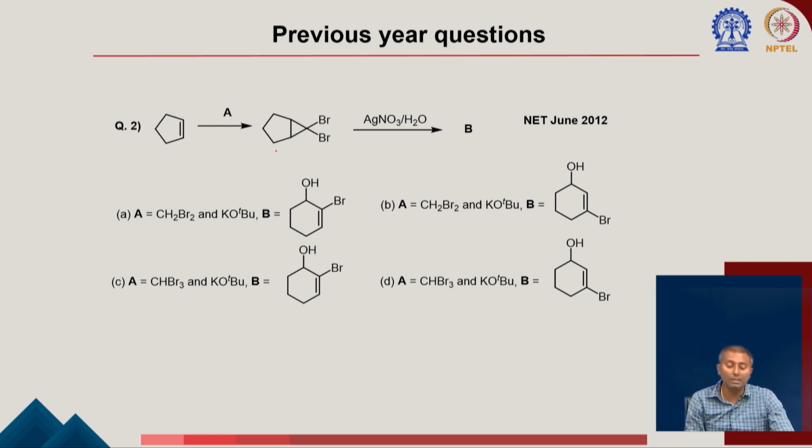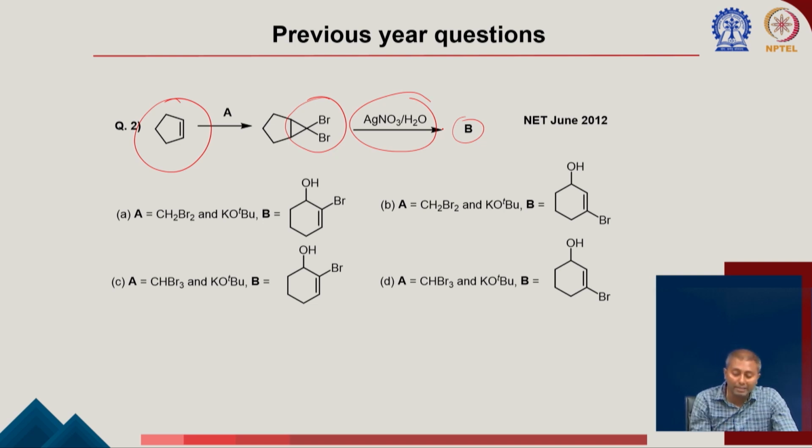Now the next question, starting from this cyclopentene, you treat with A, you get the corresponding dibromo compound, with a cyclopropyl ring here and a dibromide, and then you treat with silver nitrate and water, and this ends up forming B. So first, in the previous slide I showed you the reaction of carbene with an olefin to form a cyclopropane, correct?